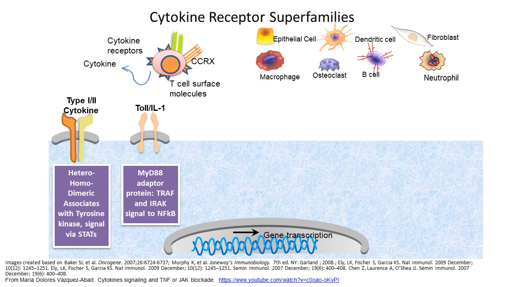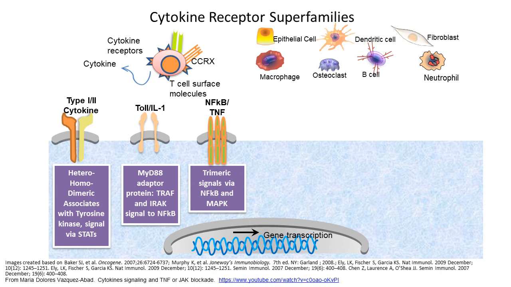So whereas the type 1, 2 cytokine receptor uses JAK-STAT signaling, the toll-like receptor or interleukin-1 receptor uses the IRAK kinase and signals through the NF-kappa B. So it's a different way of translating the signal from outside to produce a different kind of gene transcription.